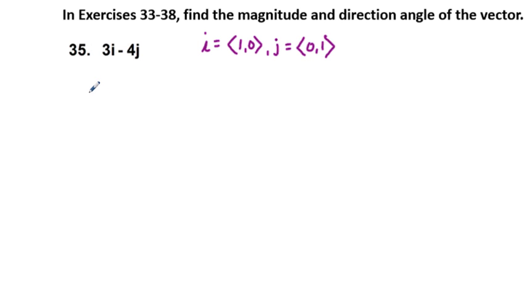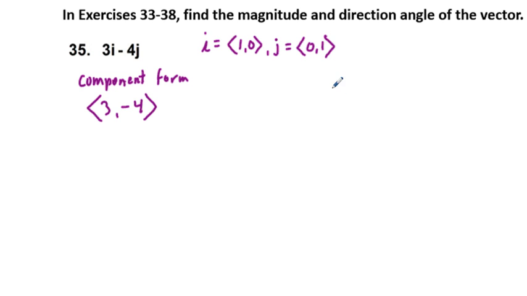So we can go ahead, and since we have 3 i's, our component form is going to be this one right here, 3, -4.